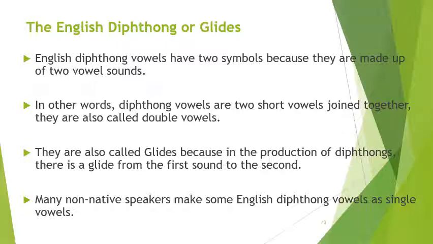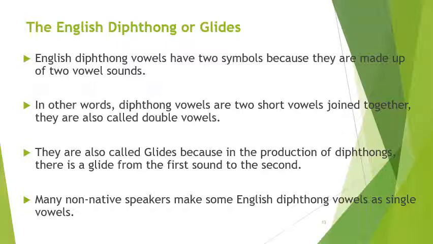They are also called glides because in the production of diphthongs, there is a glide from the first vowel sound to the second vowel sound.